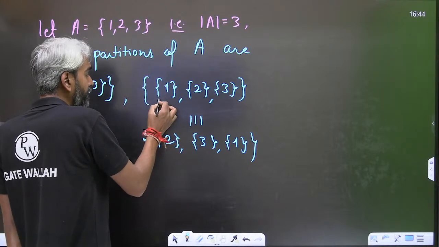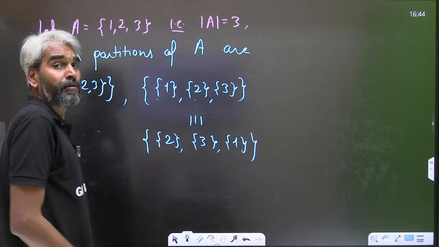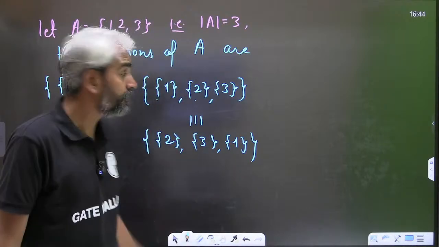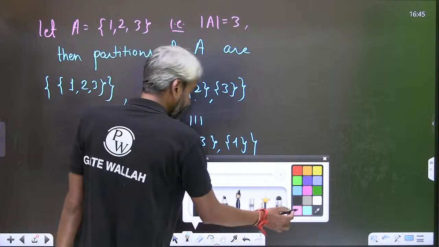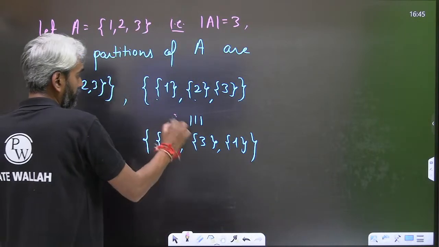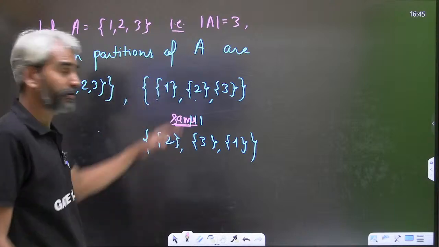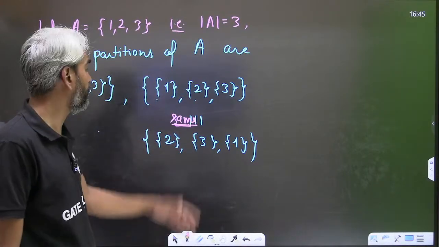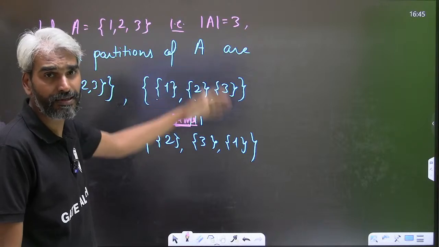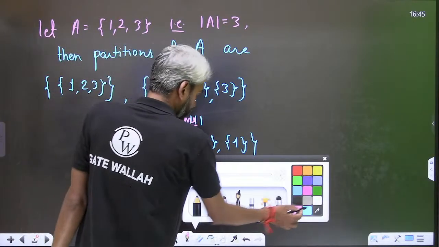Within the set you write 1, 2, 3 or 2, 3, 1 or 1, 3, 2, whatever, the order is not important within the set. So it will be treated as a single partition. These are not two different partitions. There are 3 factorial different combinations possible, but all of them correspond to this partition only. They will not be counted individually.